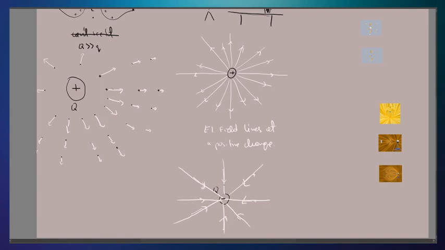So the first thing that you need to notice is that we now have electric field lines for a negative charge, and we have electric field lines for a positive charge. I need to know how to do the two. From the positive, they always point away. For the negative, they always point towards it.